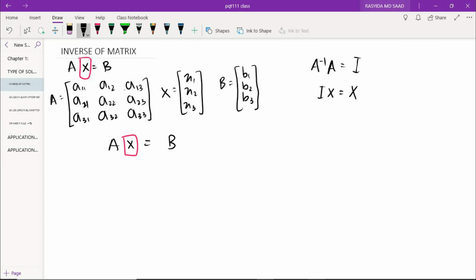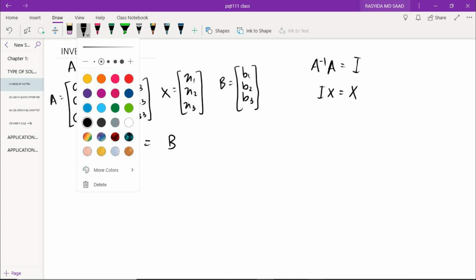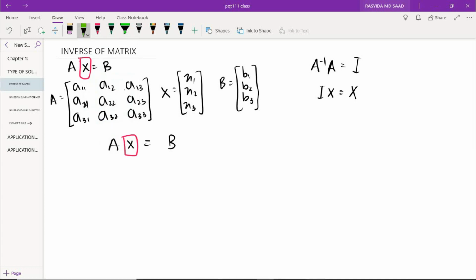So in this case, since we want to cancel matrix A and bring it to the right side, what if we multiply this with the inverse of matrix A, same with the right side? The inverse of matrix A multiplied with A gives you the identity.